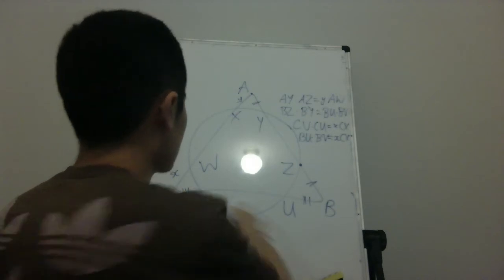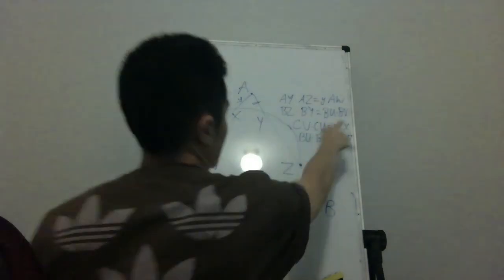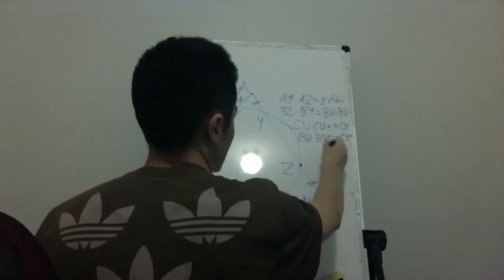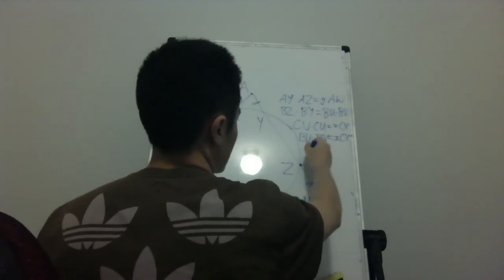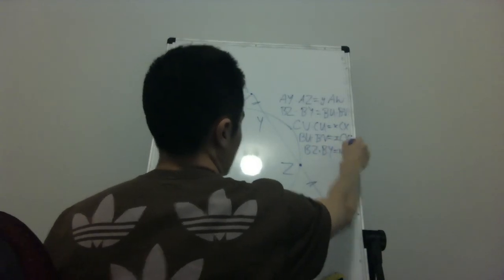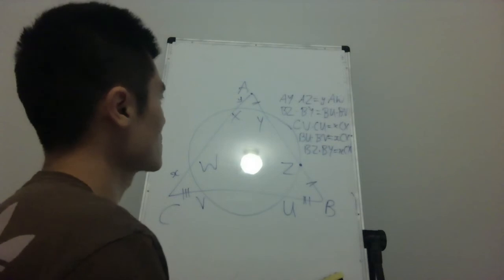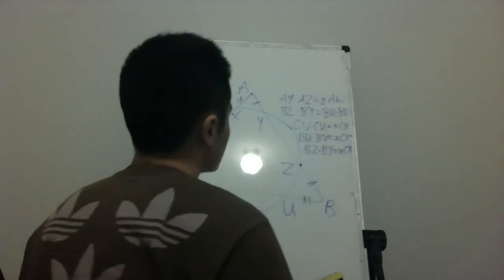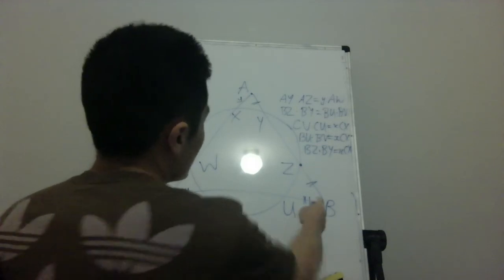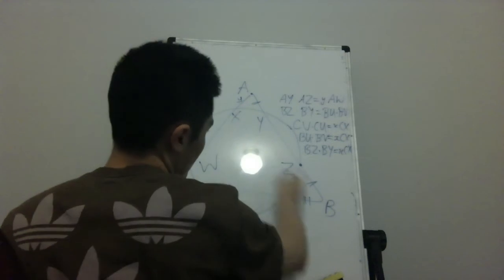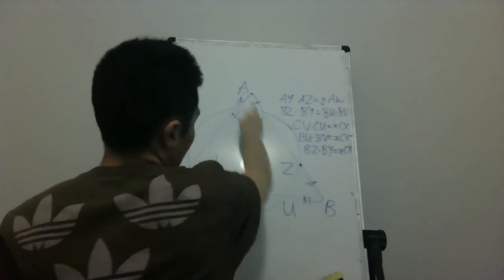Now we already see that BU times BV is equal to BZ times BY, right? So this is now BZ times BY is equal to CX times CW, because BU times BV equals BZ times BY. Now BZ is equal to AY.